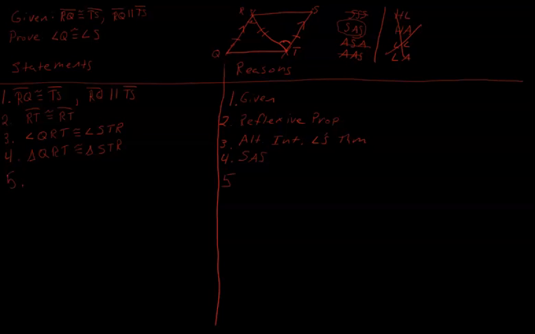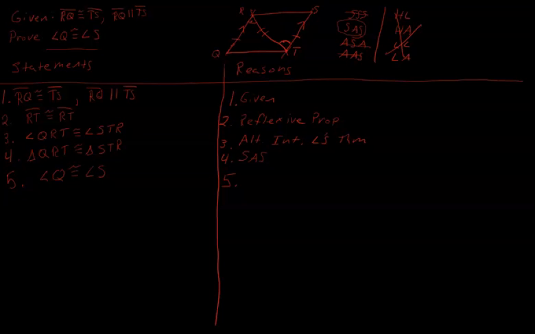Now you might ask yourself, are we done? Which is a good question to ask, but given that I'm writing number 5, the answer is no. We are not trying to prove that the triangles are congruent by themselves. It is just a means to the end of the problem. We are trying to prove that two angles are congruent. So how do we know those two angles are congruent?